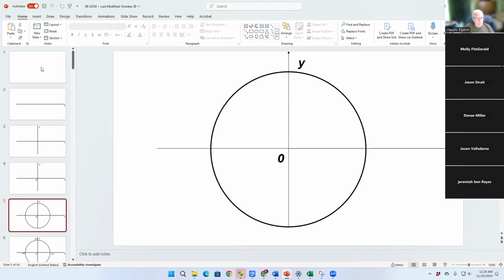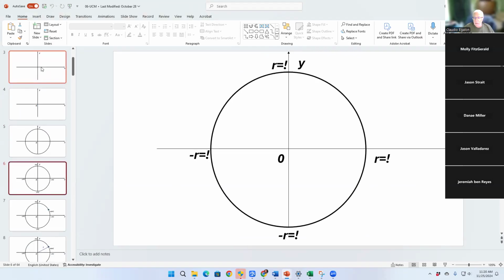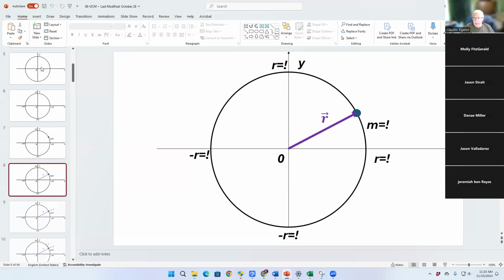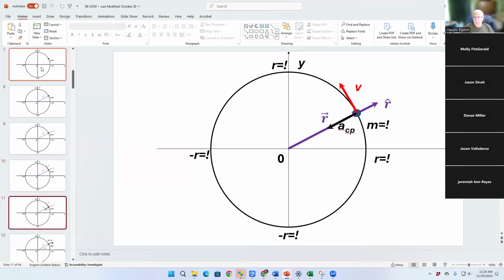Here is the path of the point particle, a circle of radius r, lowercase r. The mass is at a given point in this path, and we have this position vector r. The position vector has this unit vector that you see here. You have a velocity vector that's tangent to the path.